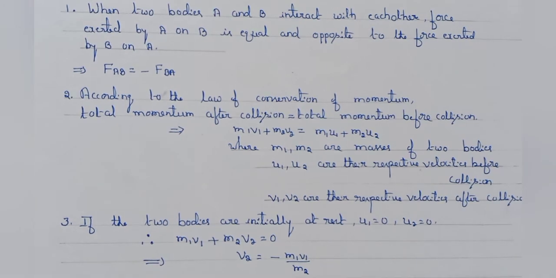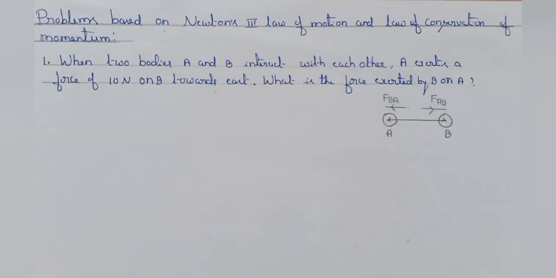We can apply this formula in case of firing of a bullet from a gun. Here, m1 and m2 are the masses of gun and the bullet, and v1 and v2 are the velocities of the gun and the bullet.